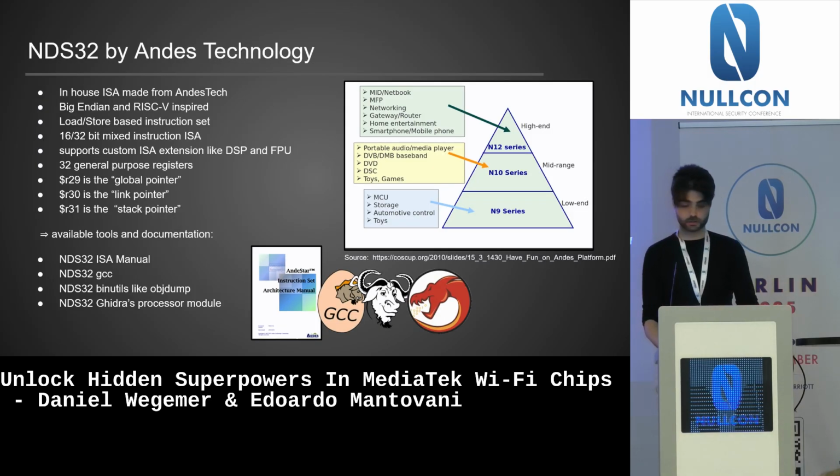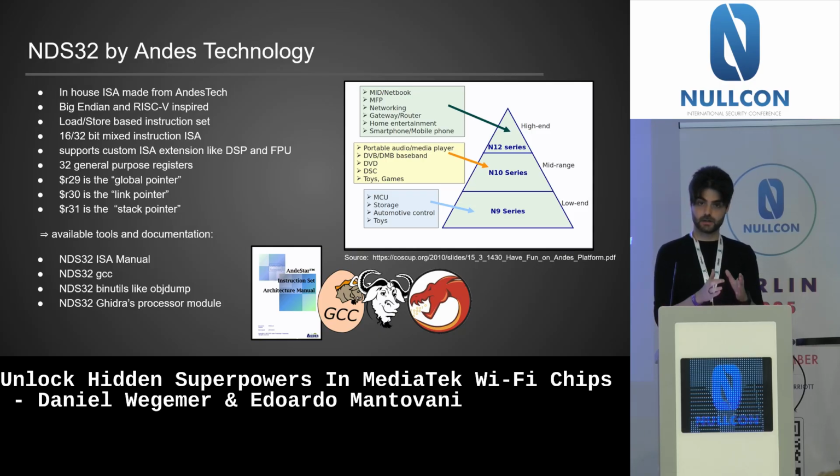And well, let's talk about this ISA. It is big endian, RISC-V inspired. It is a load-store based instruction set, and it permits mixing 16 and 32-bit operations, and it permits extensions. It has some custom extensions, for example the DSP and the floating point unit extensions, and it has 32-bit general purpose registers, and the most important is number 29, which is the global pointer, and essentially it holds a base address indicating that there is some global data after.